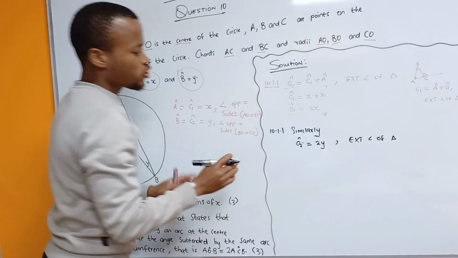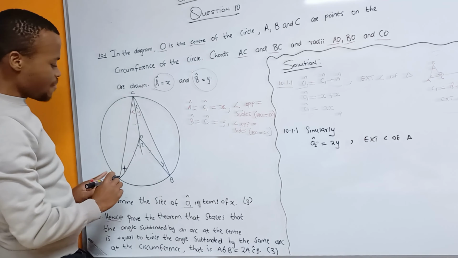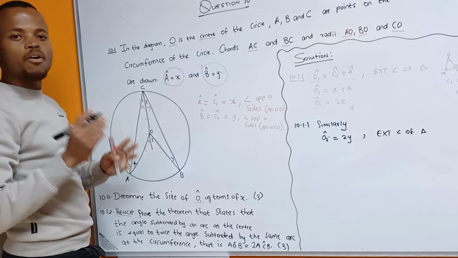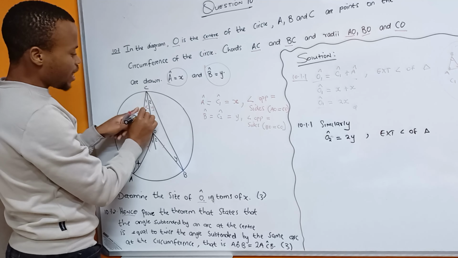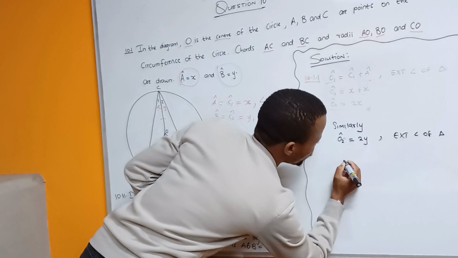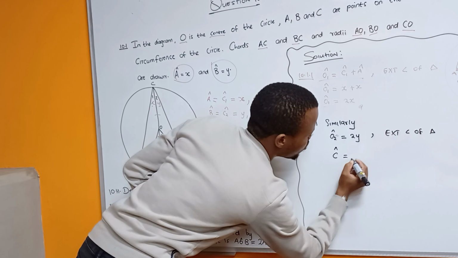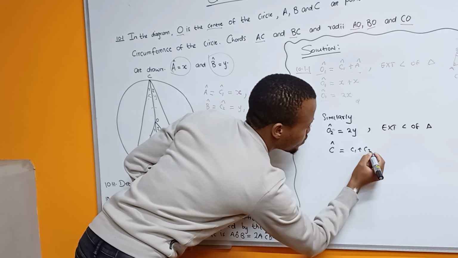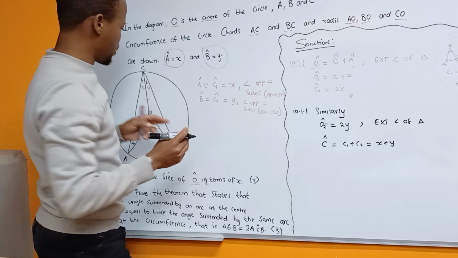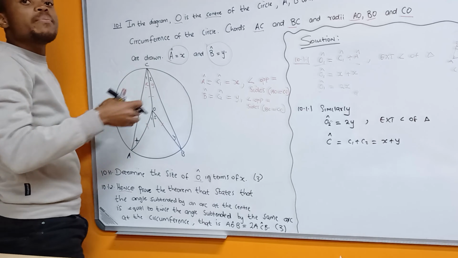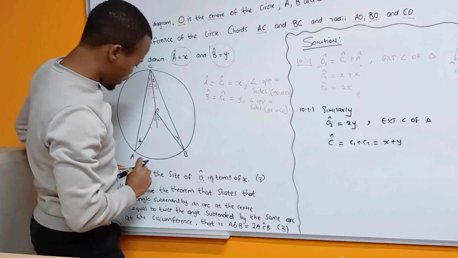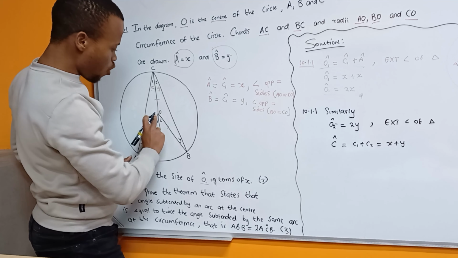From here, I am required to find AOB. Before I go for AOB, I know the angle of C1 is x and the angle of C2 is y. So angle C is equal to C1 plus C2, which is x plus y. There is no reason for that because it's something that has already been proven. Now I want to find AOB.